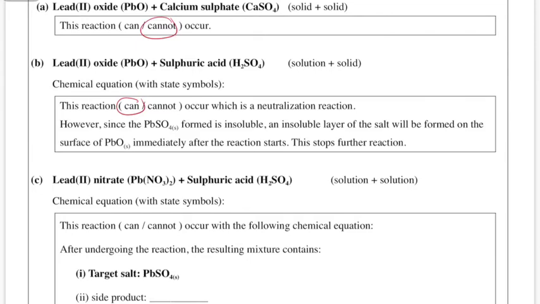Since lead-2 sulfate is insoluble, it's going to coat the surface of the lead-2 oxide, which is a reactant, immediately after the reaction. And it will stop further reaction, and we cannot separate the surface layer of lead-2 oxide easily. So again, this method is not practical.